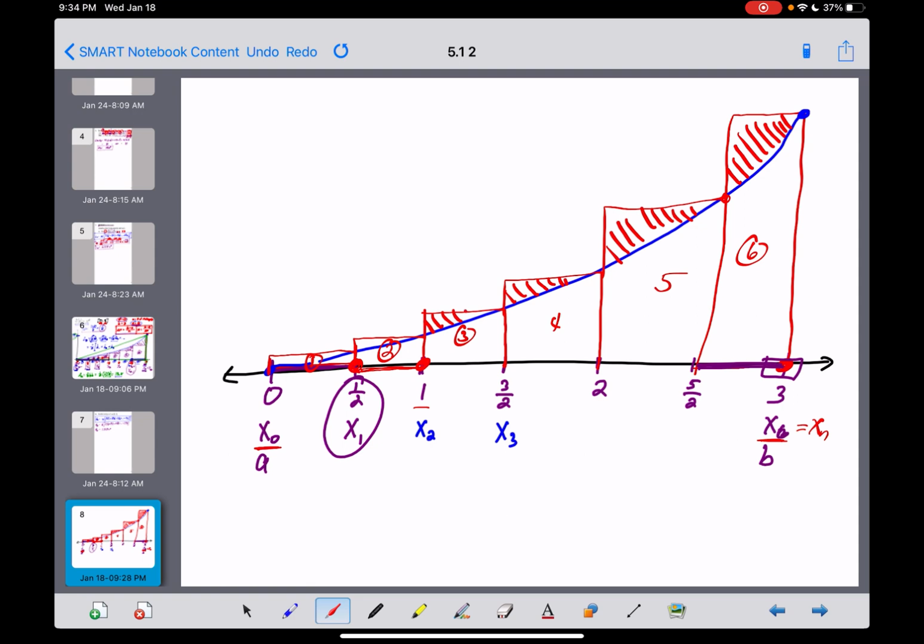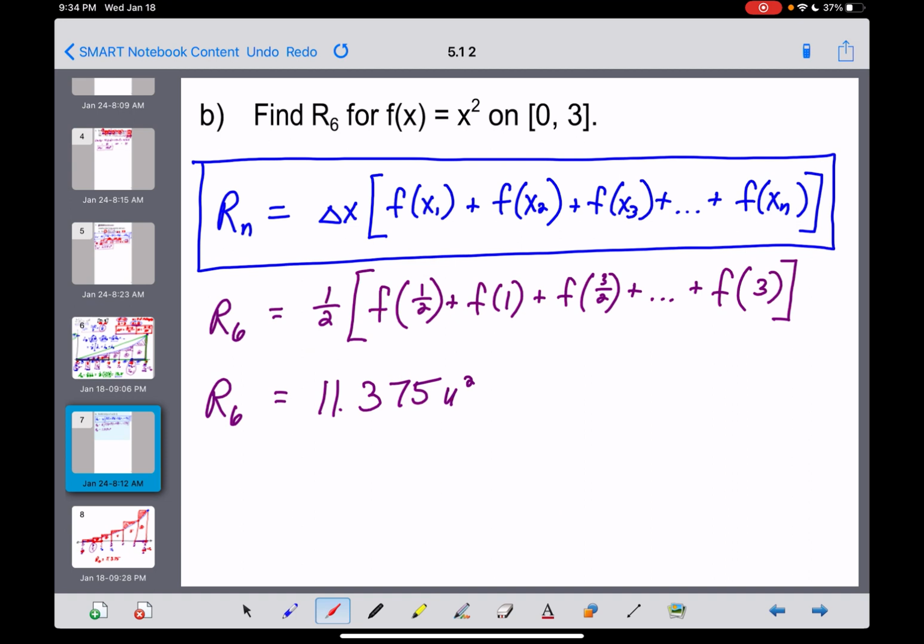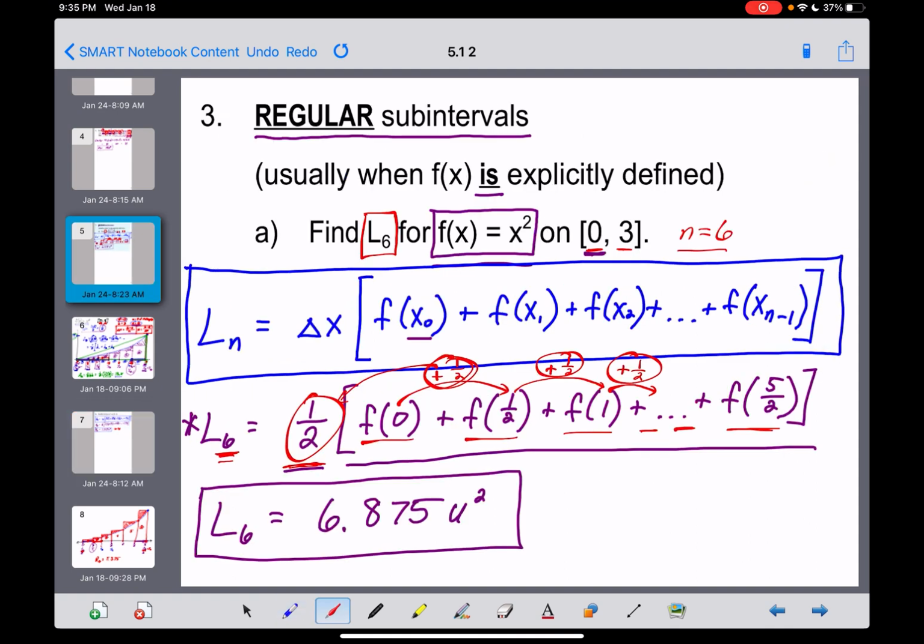So it seems kind of logical to me to think that the approximation we just came up with right here, R of 6, equal to 11.375, is probably too big or too high for our approximation, as opposed to the answer we came up with a moment ago, where 6.875 was probably too low of an approximation.